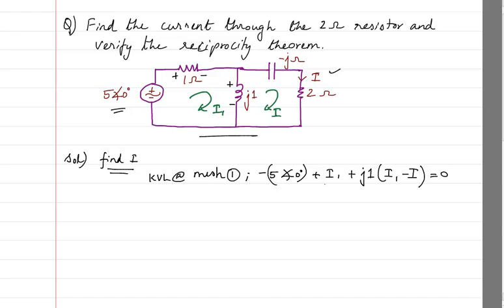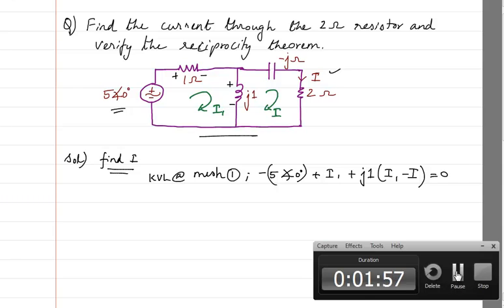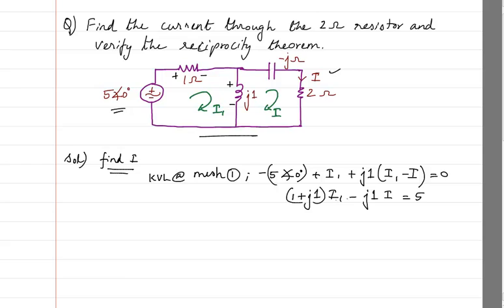Then 1 into I1 plus j1 (I1 minus I). If I rearrange this, I get the equation in terms of I1 and I as (1 plus j1) I1, where I have taken this one and this one together, and then for I there is only one term, which is j1, so minus j1 I, and I have taken minus 5 angle 0 to the other side, which becomes plus 5. I can write angle 0, but there is no need. So this is equation number 1.